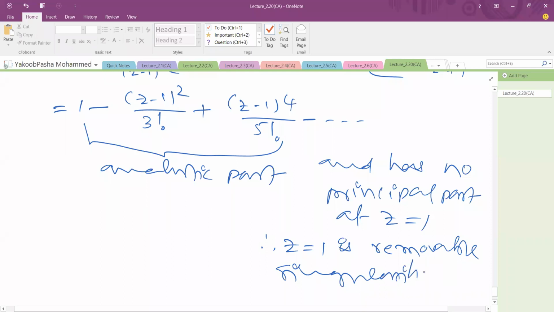If it has an infinite number of terms, it is an essential singularity; if it has no principal part, it means removable singularity. Okay, now we can take another problem.